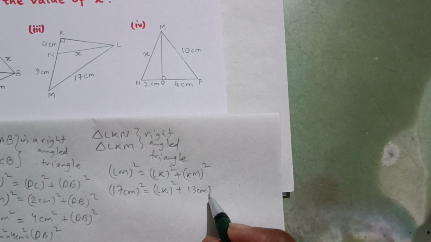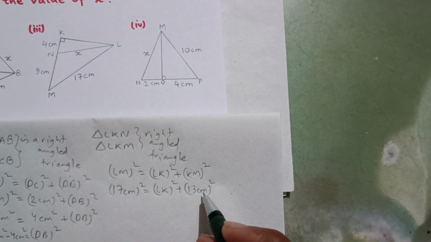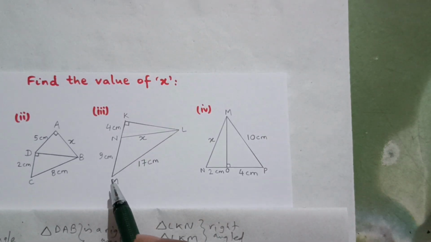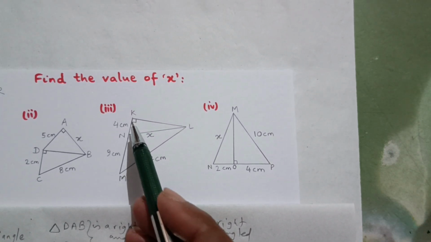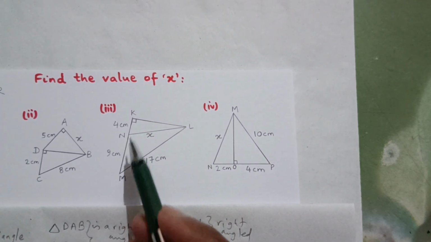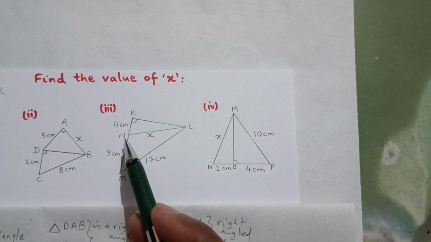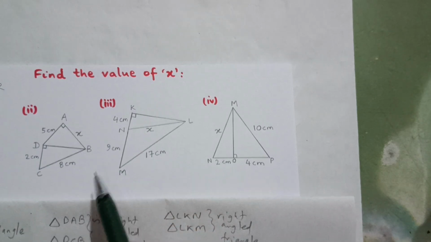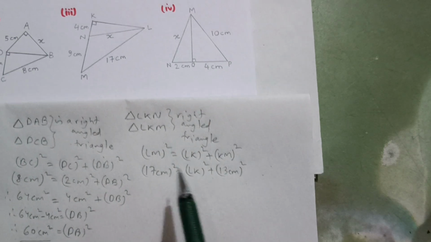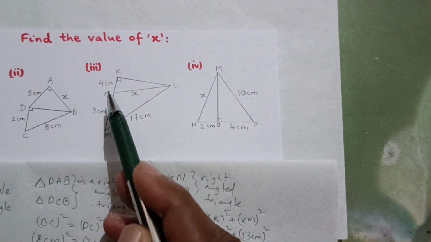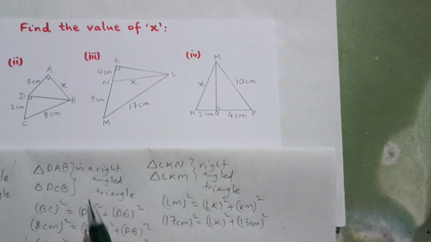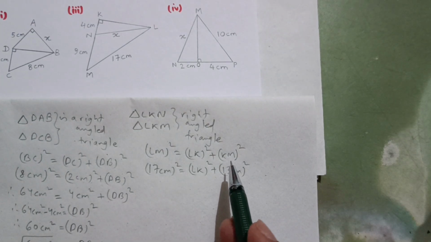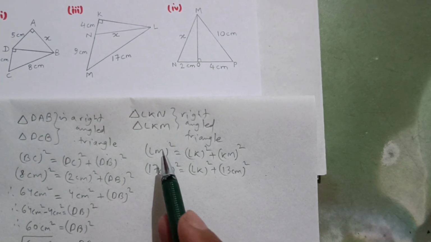So 13 centimeter whole square. How is KM 13 centimeter? KM is KN plus NM. KN is 4 centimeter, NM is 9 centimeter, so if we add them we get 13 centimeter. So KM is 13 centimeter.